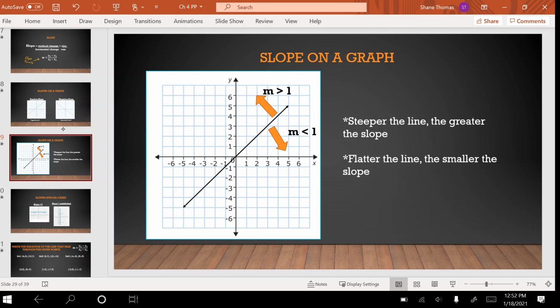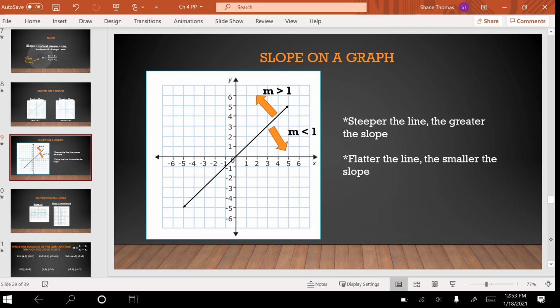This is slope on a graph. All right, we go with this page?